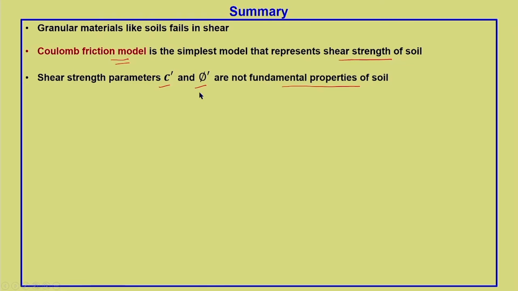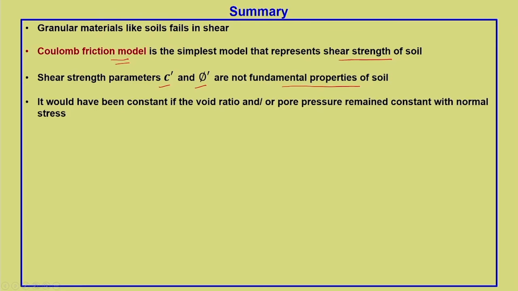You are not likely to get the same value all the time, but having said that, there is a specific condition where mostly phi dash can become a fundamental parameter. That we will see in the 4th module in detail. So, for the time being, let us understand that C dash and phi dash are not fundamental properties of soil.